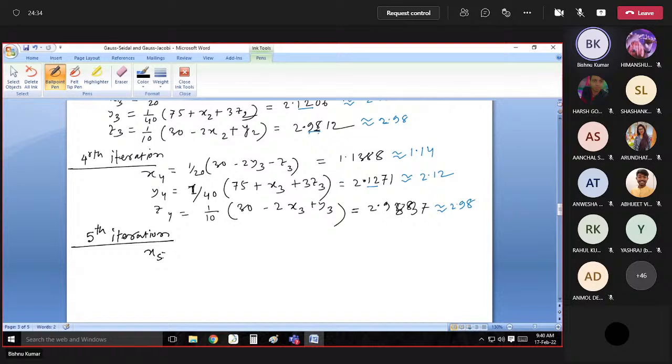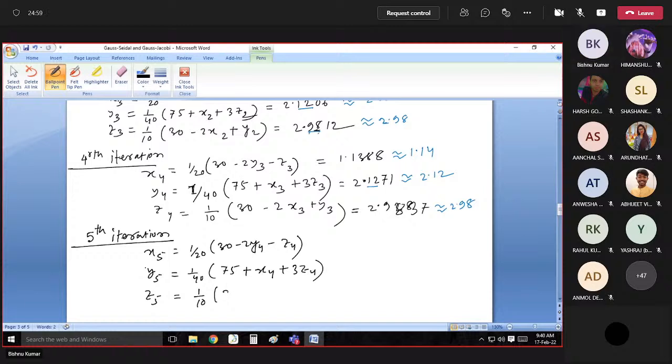So x5, y5 and z5. With the help of this recurrence relation: 1 by 20, 30 minus 2y4 minus z4; 1 by 40, 75 plus x4 plus 3z4; and 1 by 10, 30.